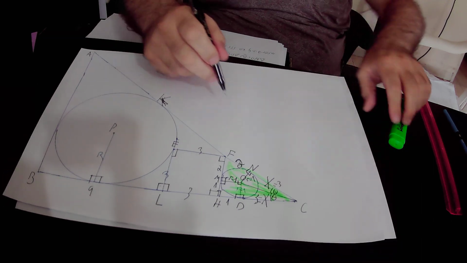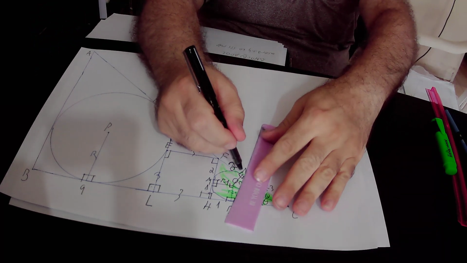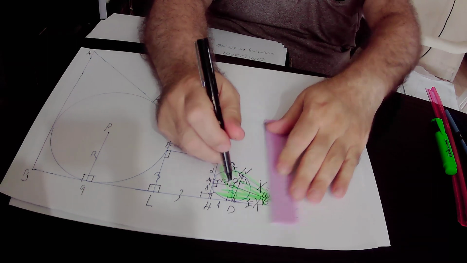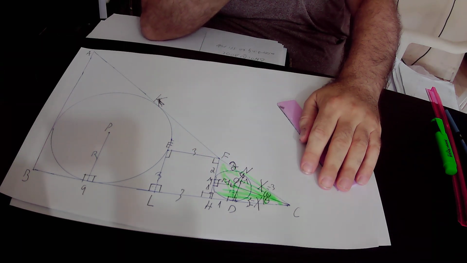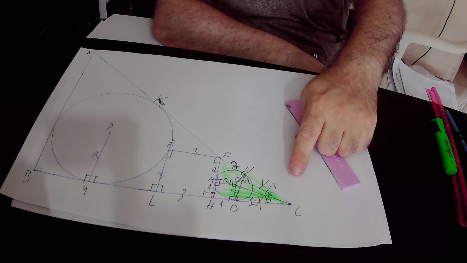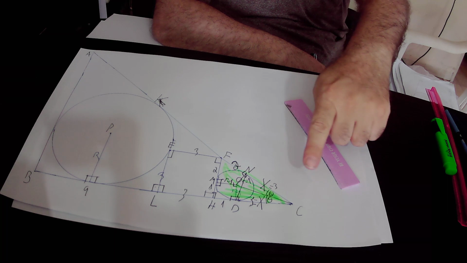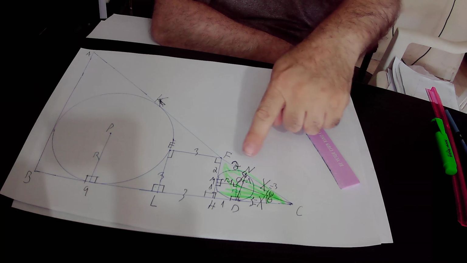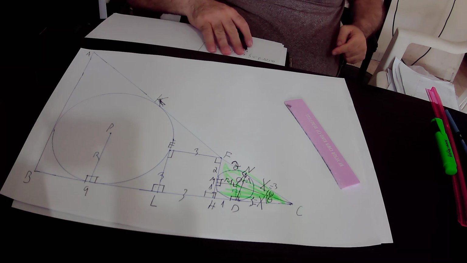Okay, in the next step we join points N and D together by a straight line. When joining points N and D together by a straight line, we created here triangle NDC. And according to what we did until now, we can conclude that CO is the angle bisector of angle C. So write it down.